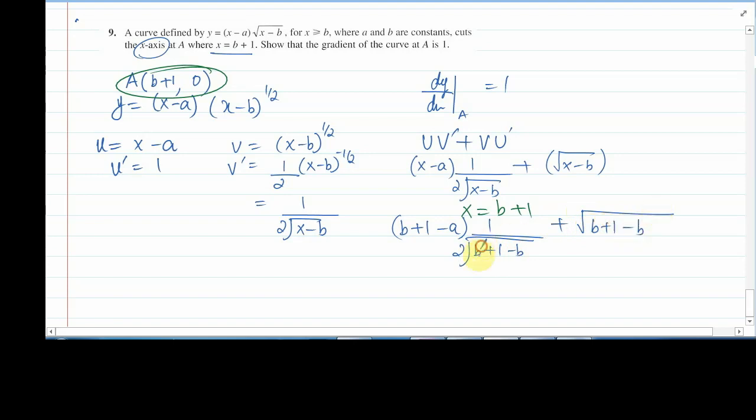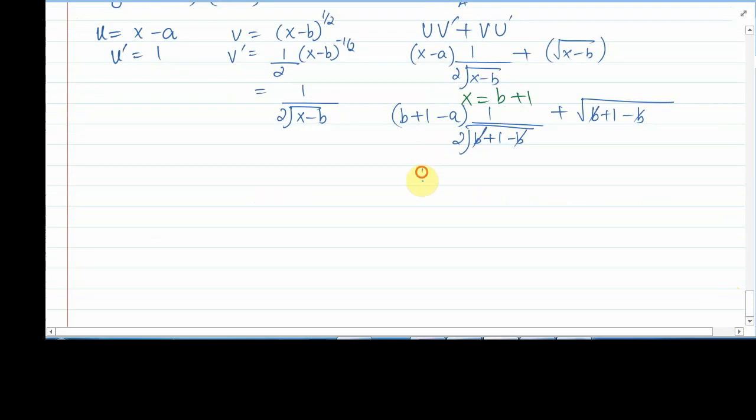So here b and b cancel, b and b cancel. The leftover part is what? It's (b plus 1 minus a) divided by 2 plus root of 1 is 1. So if you find the LCM, that will be (b plus 1 minus a plus 2) divided by 2.